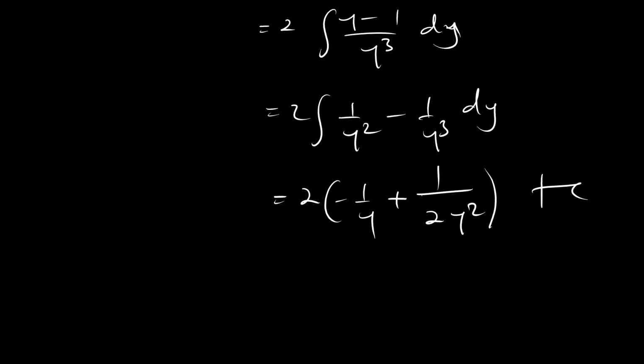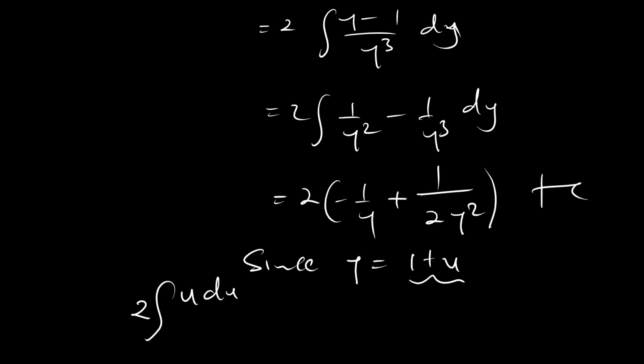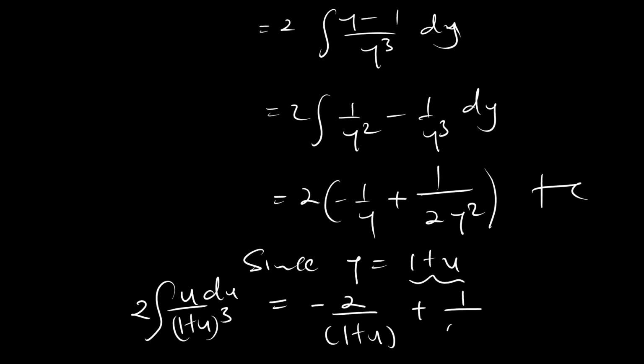plus c. And since y was equated to that, it means that our integral in the u domain, which was 2u over 1 plus u cubed, is equal to 2 times 1 plus u, plus that, and that cancels, so we just have 1 over 1 plus u squared plus the integration constant.